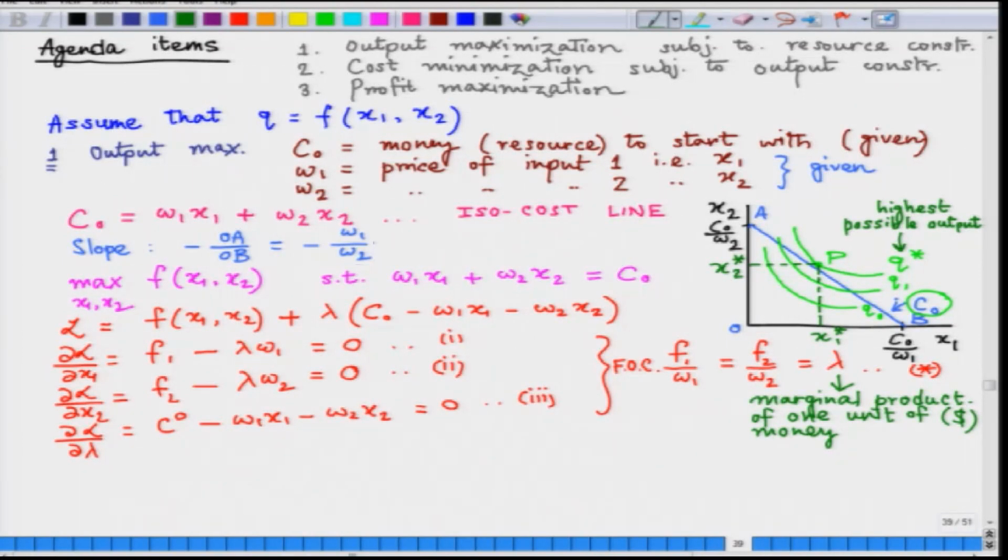So, what happens at that tangency point, which is the equilibrium, which is determined by the Lagrangian as well?